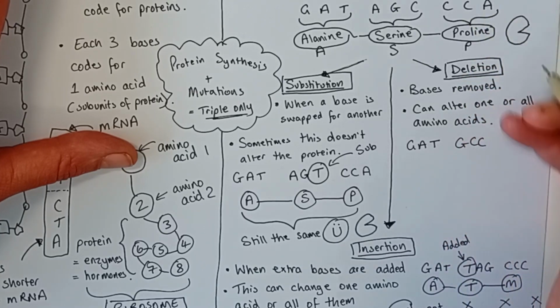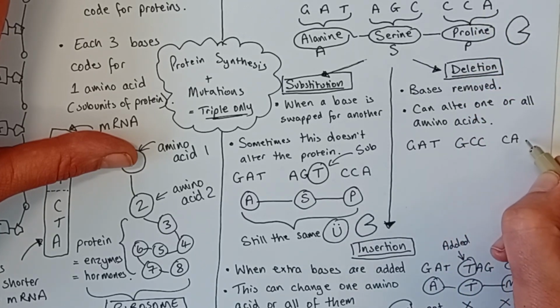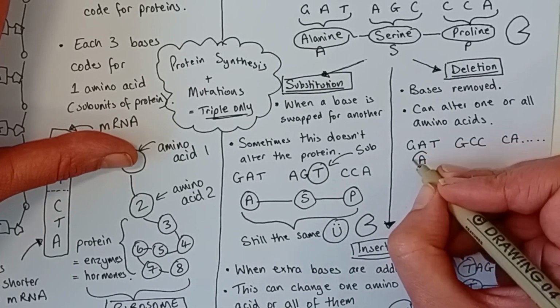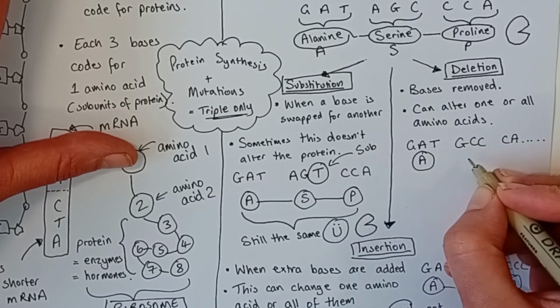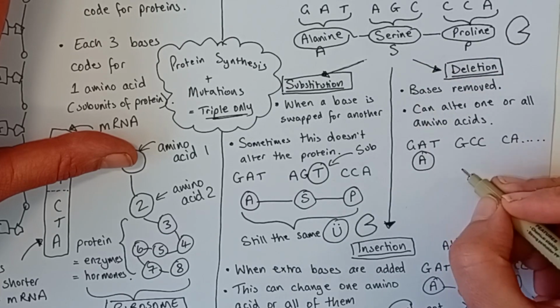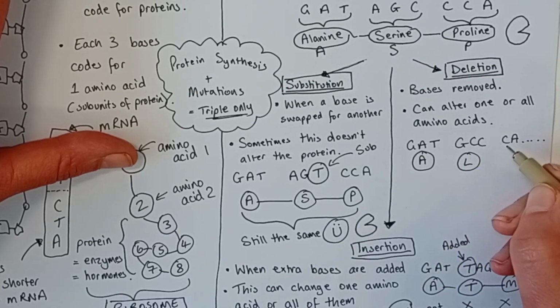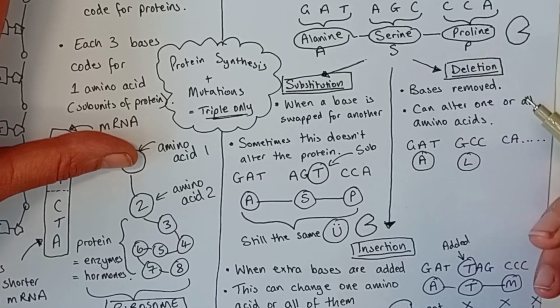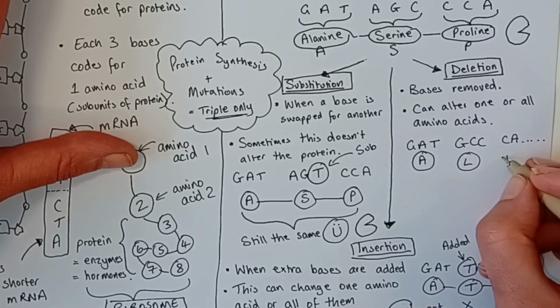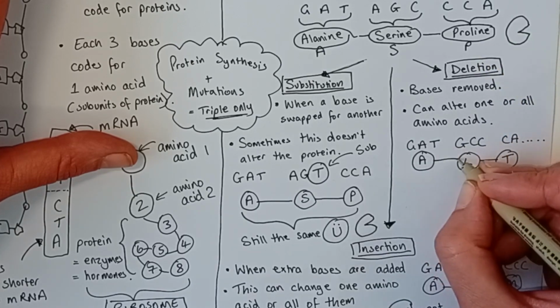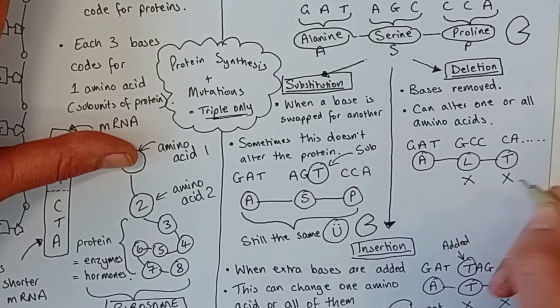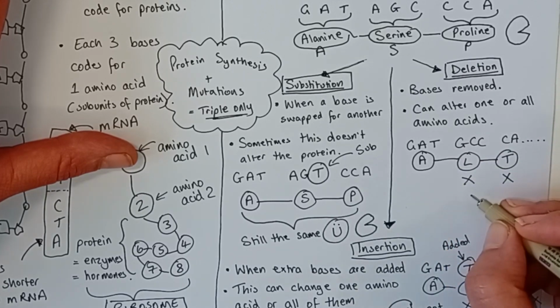And then we get CA whatever. So amino acid A is the same, but this time amino acid S is now amino acid L, and this one, instead of being amino acid P, might be amino acid T. And they are wrong. And the rest of them will be wrong.